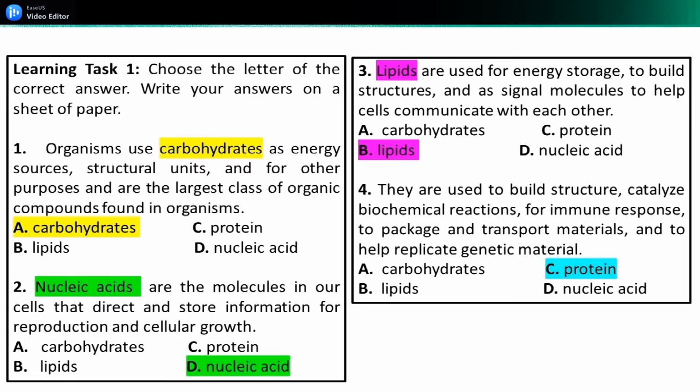Number 3, the organic compounds used for energy storage, to build structures, and as signal molecules to help cells communicate with each other are lipids. And number 4, the organic compounds used to build structure, catalyze biochemical reactions, for immune response, to package and transport materials, and to help replicate genetic material are proteins.